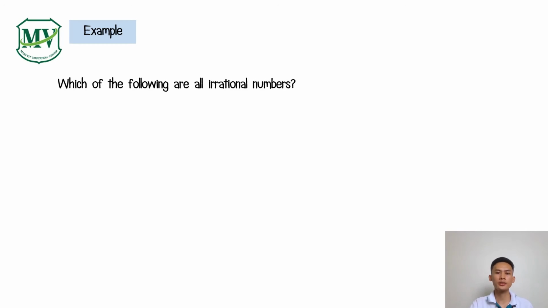So the question is, which of the following are all irrational numbers? Letter A, 21.975 with the 5 repeated, 0.9999, 7.09869594 and so on, and pi.